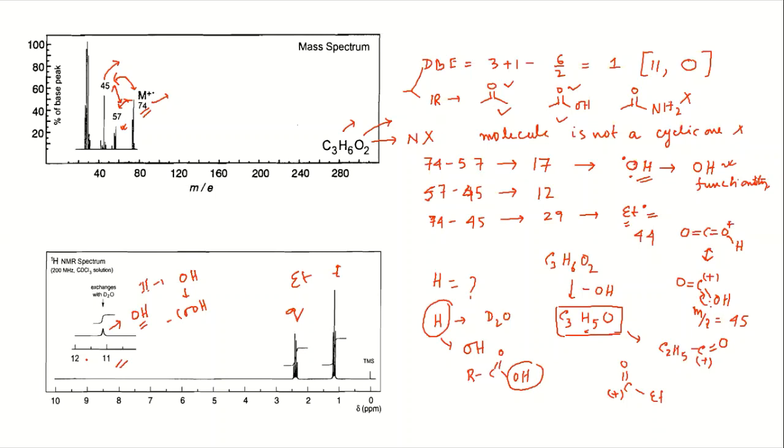So from the formula you have ethyl plus OH. Taking C2H6O out of C3H6O2, you are left with one CO, one carbonyl group.